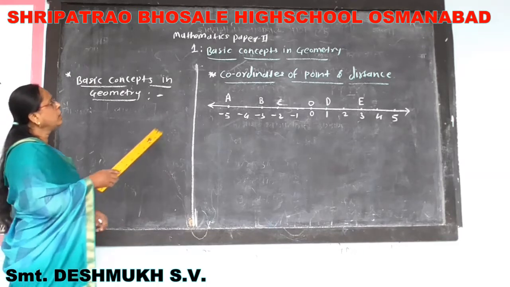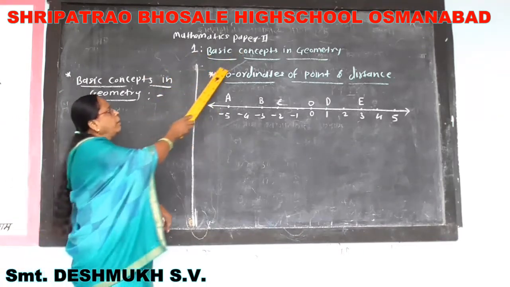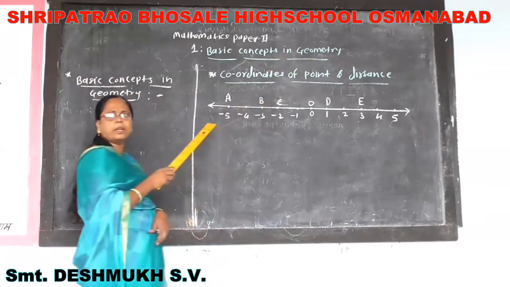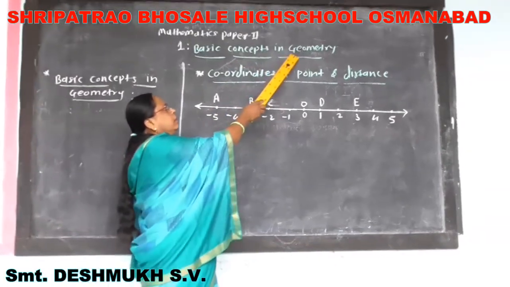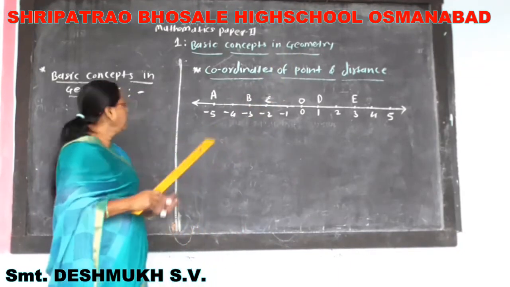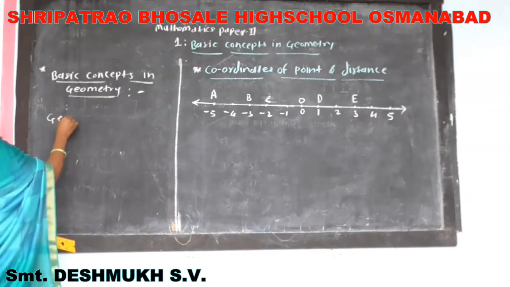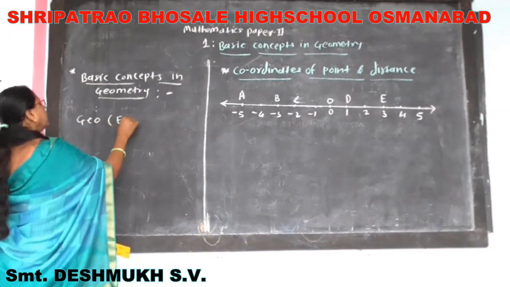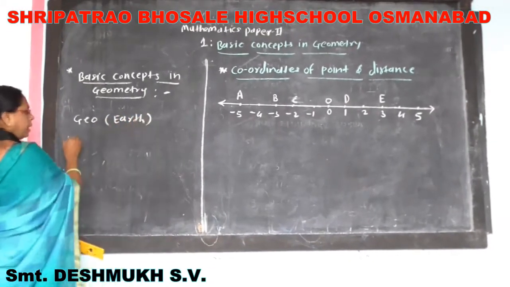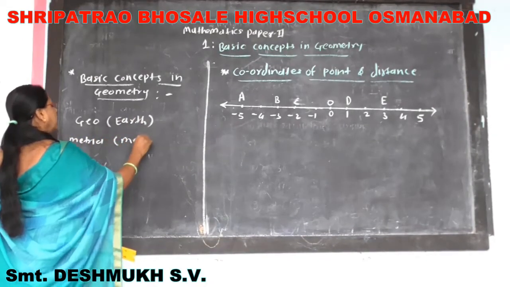Today we have to study the Mathematics Paper 2, first chapter, Basic Concepts in Geometry. The word geometry is derived from the Greek words geo, that is earth, and metria, measuring.